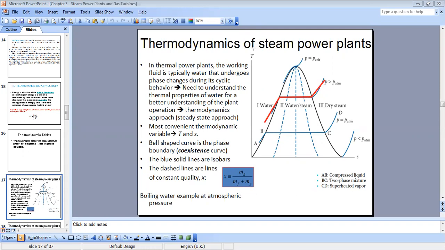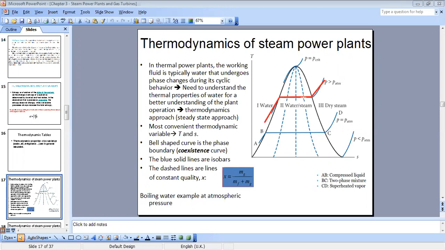However, outside of the dome, outside of this curve, the temperature is varying here while the pressure remains constant. Okay, and also here the temperature is varying while the pressure remains constant. So only inside the curve you have constant temperature and constant pressure at the same time.